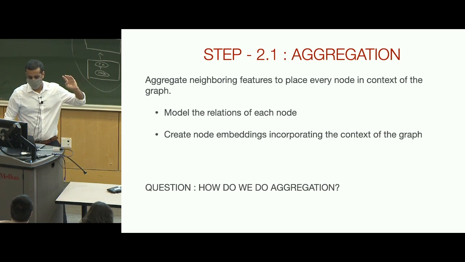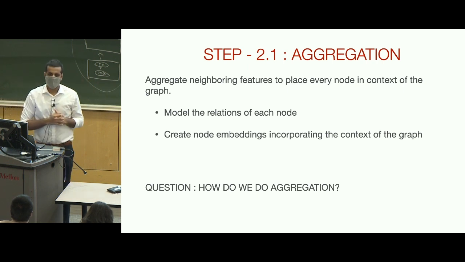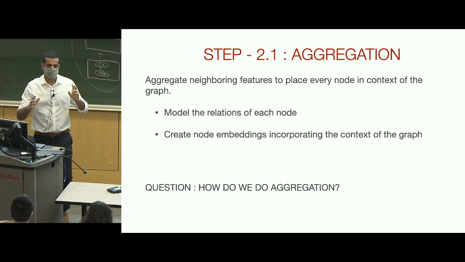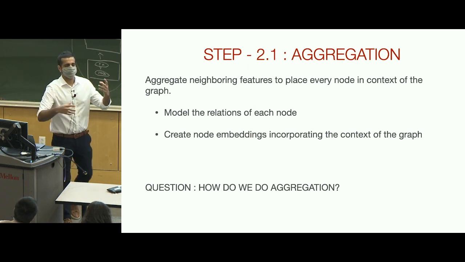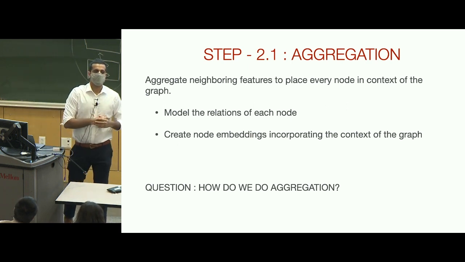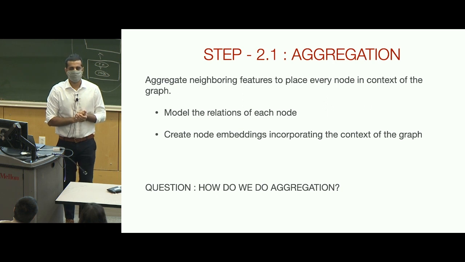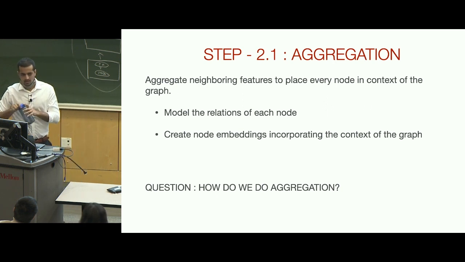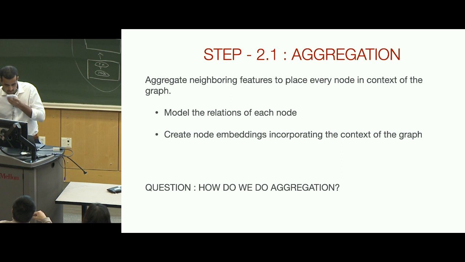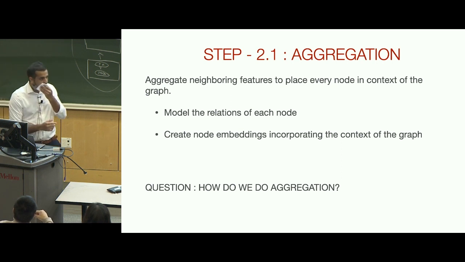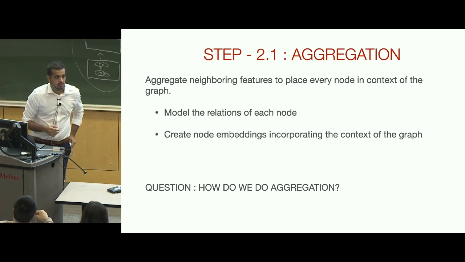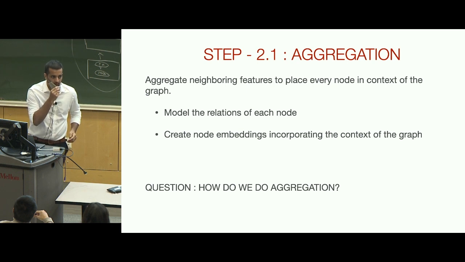And again, a question: how would you do aggregation, or get the context of the neighboring nodes? Any guesses? You have the links, so you traverse the graph and go to your neighbor.